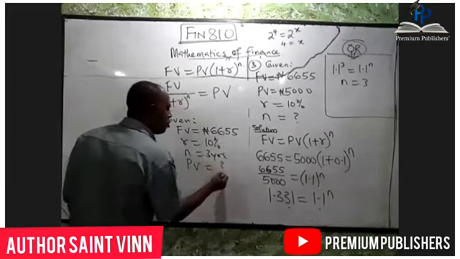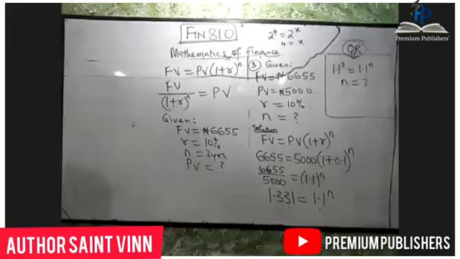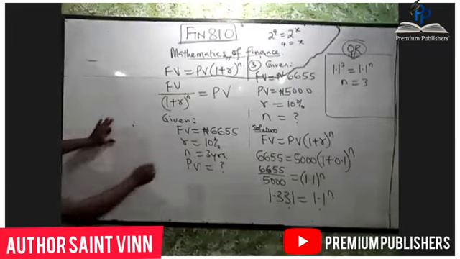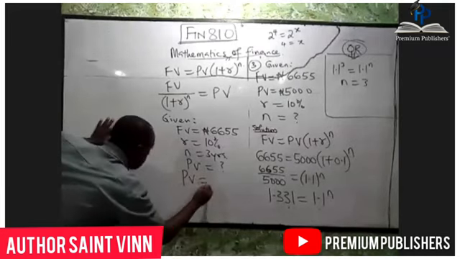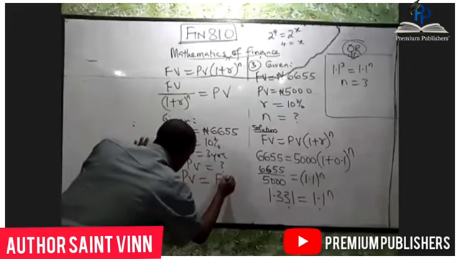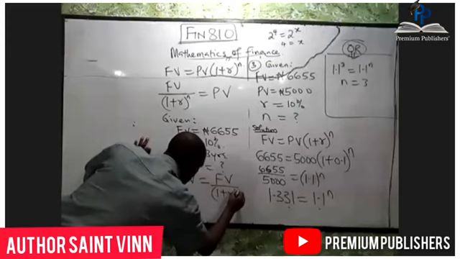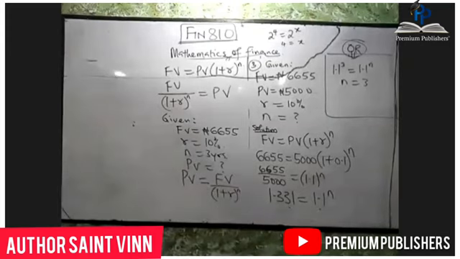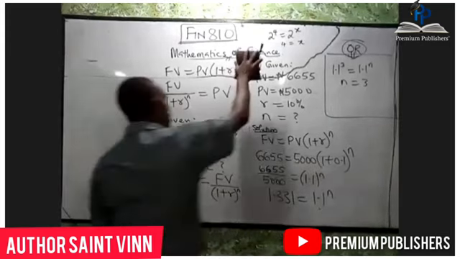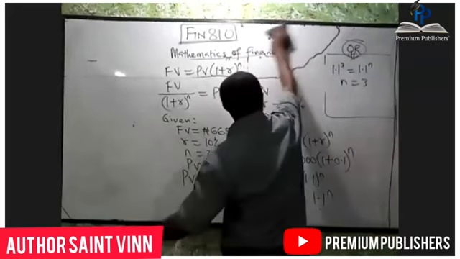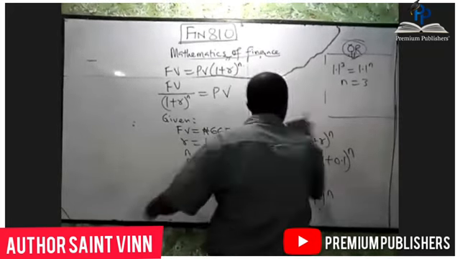Present value, we don't know. We're asked to look for it. And to do that, remember our formula. Present value is future value over the discounting factor, which is 1 plus r raised to the power of n. Without wasting our time, we'll move on.